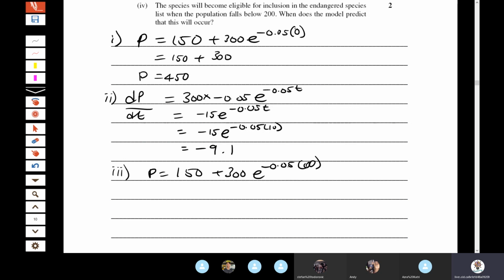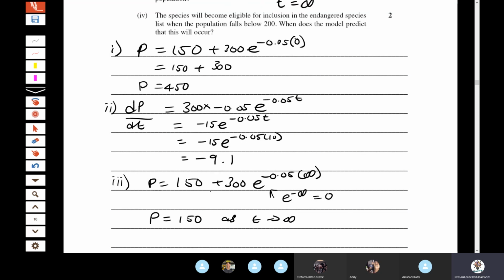That's obviously still negative infinity, right? This bit here is still e to the negative infinity. What does e to the power of negative infinity become? 0. What's 300 times 0? 0. So the answer is just 150 as t approaches infinity. So eventually the population will die out to about 150 only.